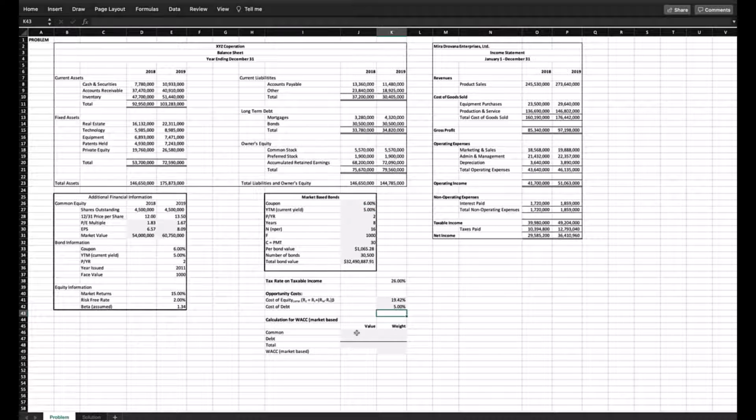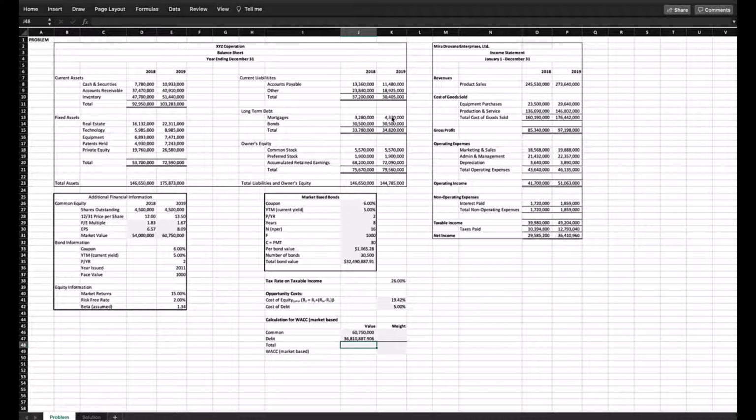So the value of our common for this year, so we're doing it for 2019, is going to be that 60,750,000. Our debt is going to be this debt portion of the bonds plus the mortgages, because it's all debt, so total debt.